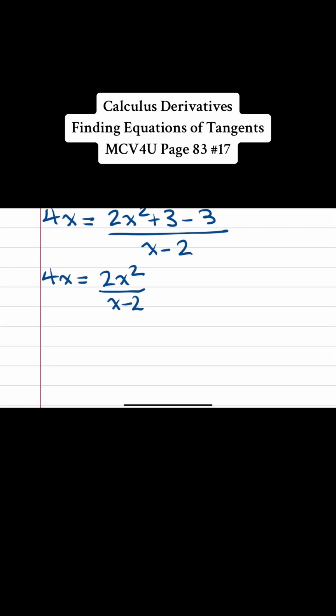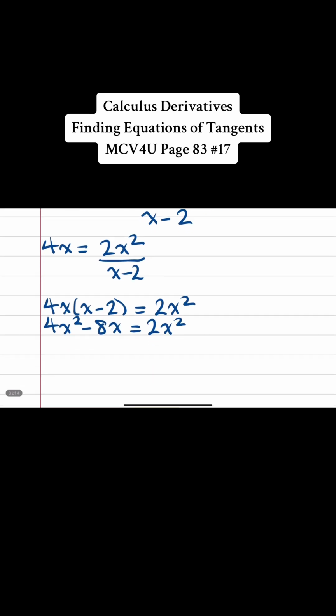I can now go ahead and cross multiply. I get 4x multiplied by x minus 2 is equal to 2x squared. Expanding this, we get 4x squared minus 8x is equal to 2x squared. I can now bring the 2x squared over to the left side. This will give me 2x squared minus 8x is equal to 0.